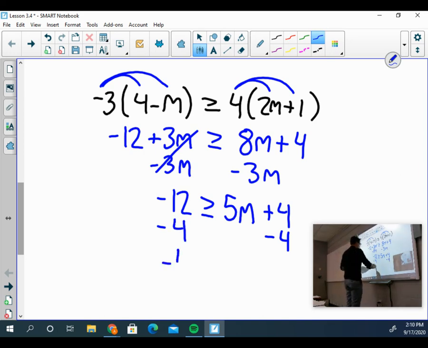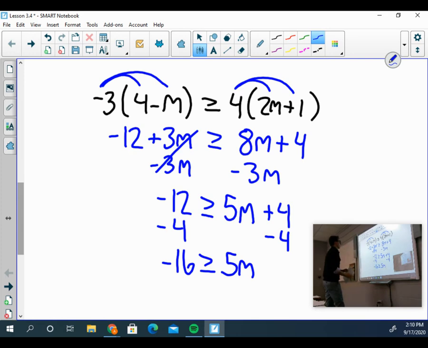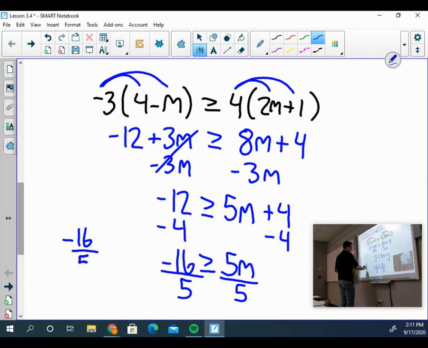This gives me negative 16 is greater than or equal to 5m. Okay? So last step here, I'm going to divide both sides by 5. And I get negative 16 over 5 is greater than or equal to m as my solution.